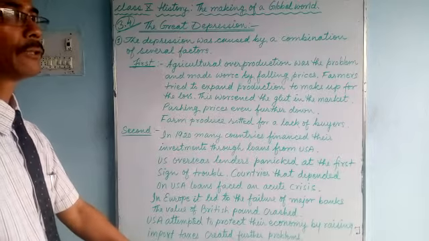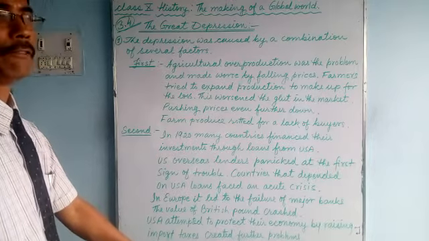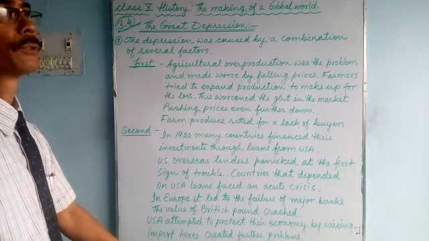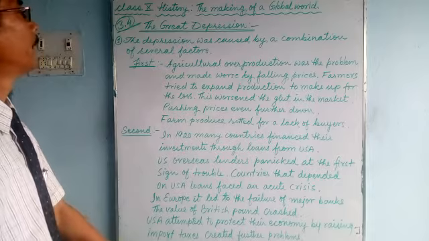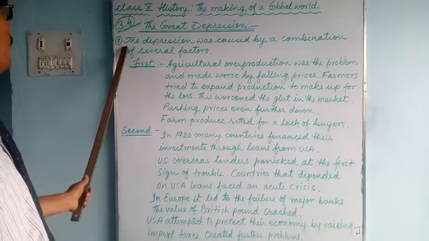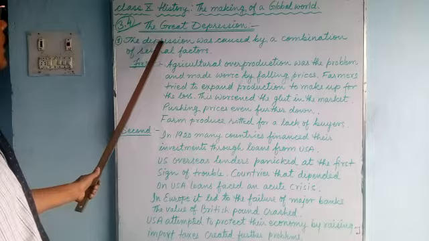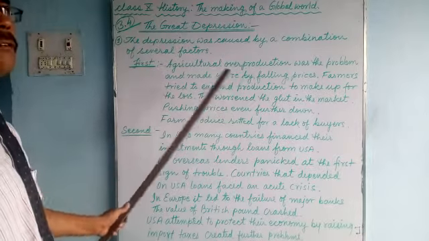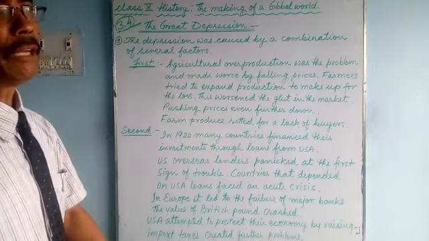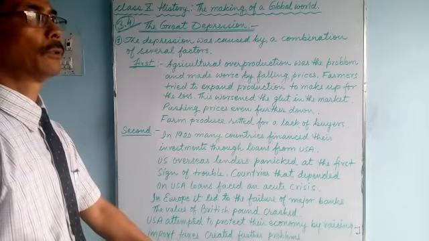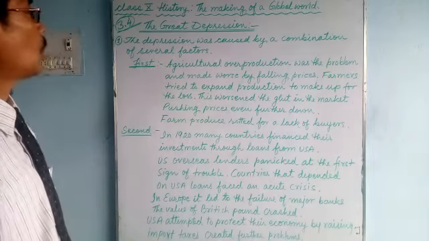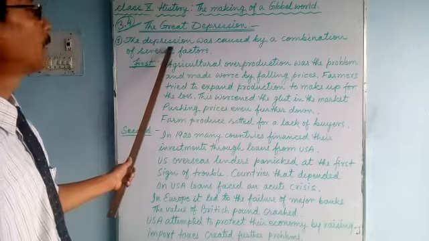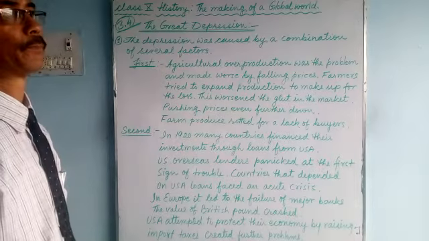In our previous class, we have talked about many factors, about productions, about the war, and now here number one, the depression was caused by a combination of several factors. There were many factors for the cause. Many factors led to Great Depression.